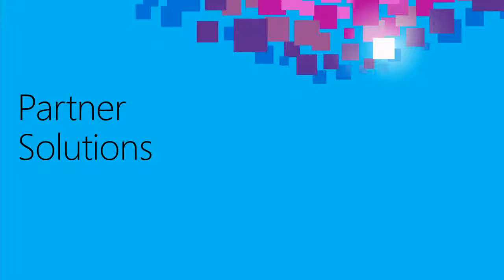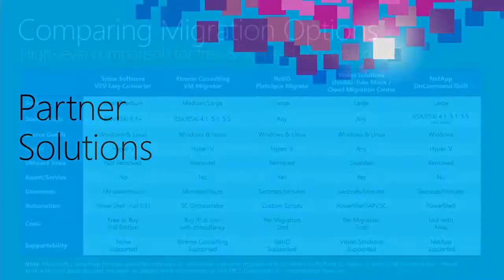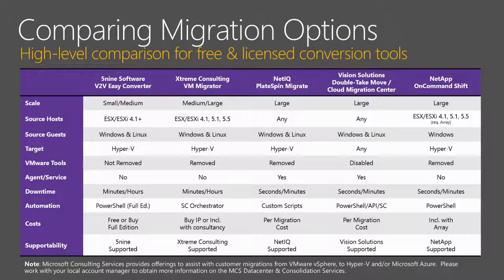So I'm going to change direction now and start to focus on some of the other solutions out there that will give you another perspective on how you can migrate. I've got this table, this eye chart, if you will. It's a good reference because it contains some of the key solutions that are out there, from Five9, from Extreme, from NetIQ, all with different scale limits. They all convert from vSphere, or in some cases from physical as well.